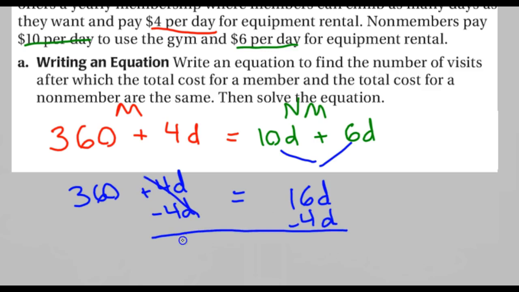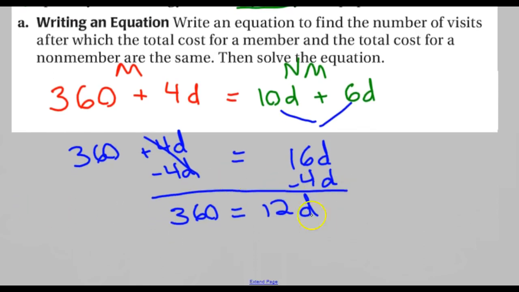So we get 360 equals 16 minus 4, which gives me 12d. Divide by 12. And d equals 30. So after 30 days, both the member and the non-member are paying the same amount to go to this rock climbing gym.